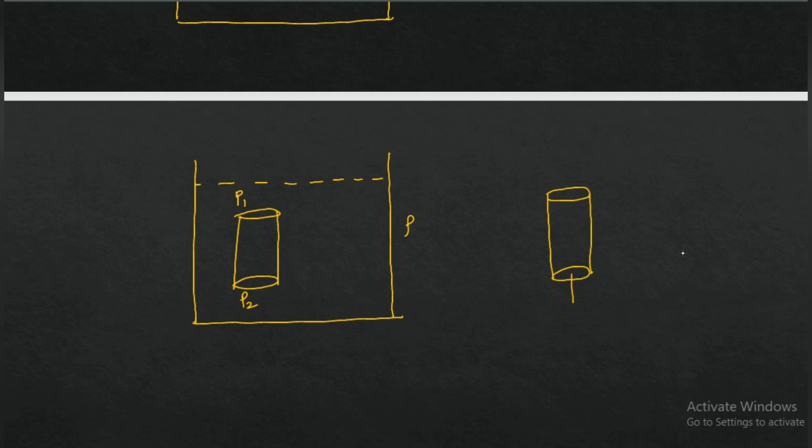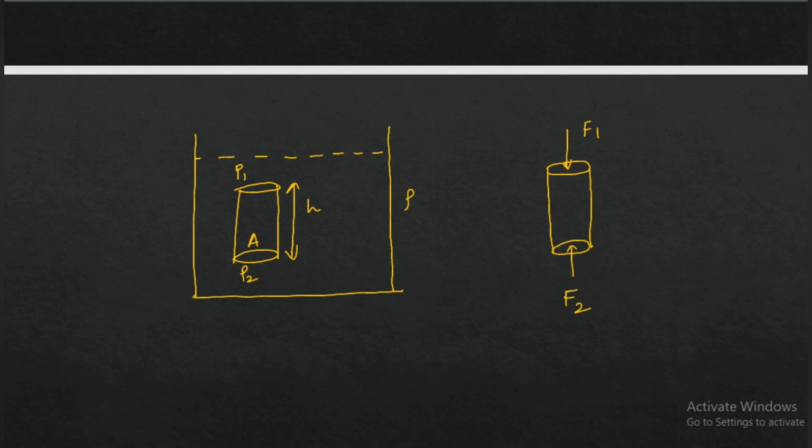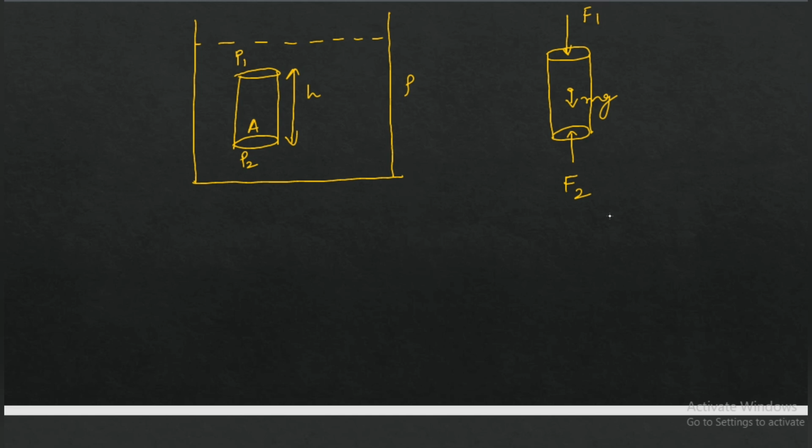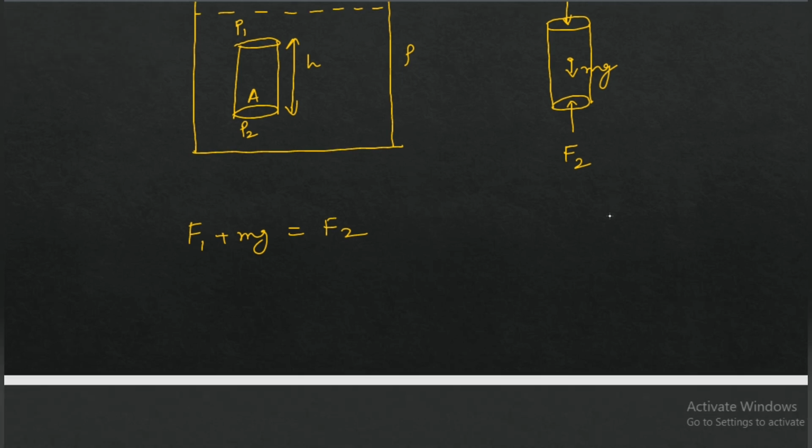Due to this pressure P2, a force F2 is acting on the bottom surface, and here the force is F1. The height of the cylinder is h, and the cross-sectional area is A. If you make the free body diagram of the cylinder, it is like this: F1 acting from above, F2 from the bottom, and mg is the weight of the cylinder. So the cylinder is at rest, and the forces must be balanced. F1 plus mg must equal F2, right?